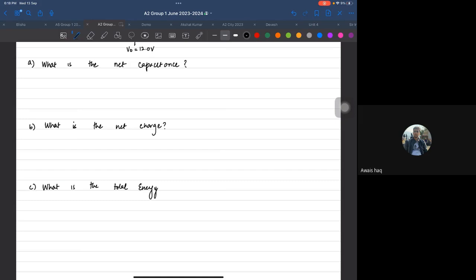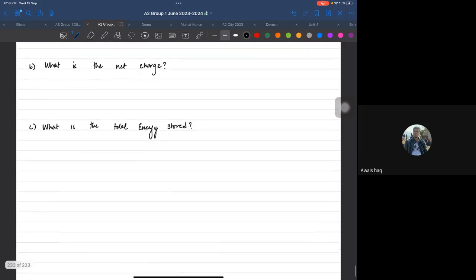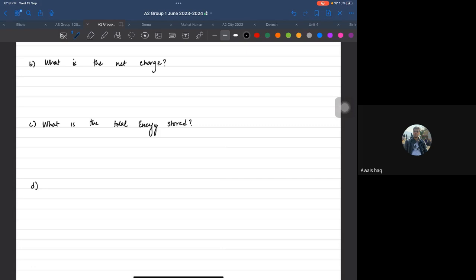Okay. All right. So what is the total energy stored? And part D would be, what is the total voltage across each capacitor?